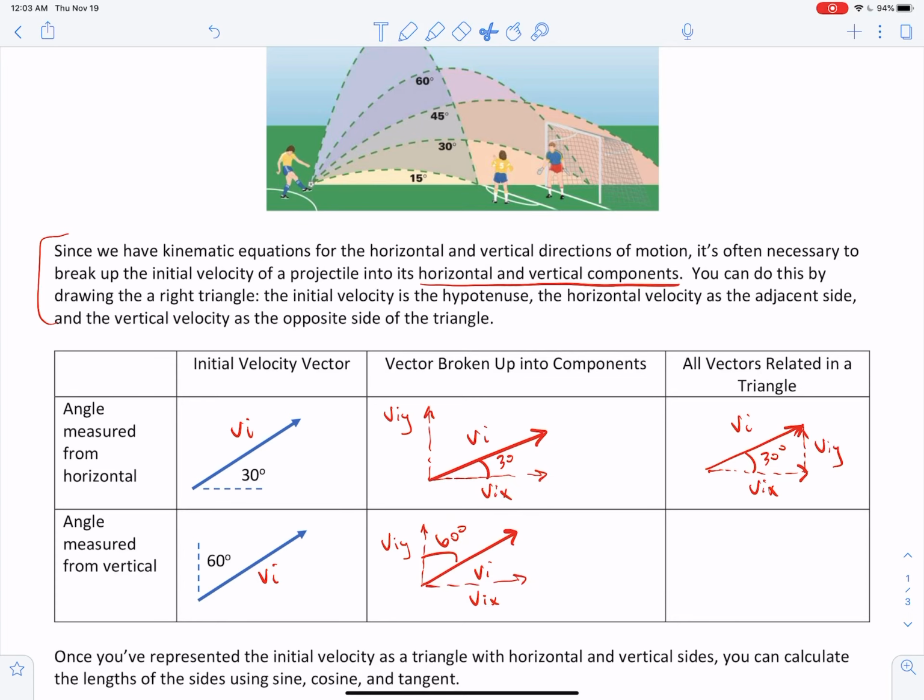I'm going to have my original vector, which is the real-life initial velocity, but then broken up into its vertical component and its horizontal component this way. So this is VIX, this is VIY, and this is that 60-degree angle.